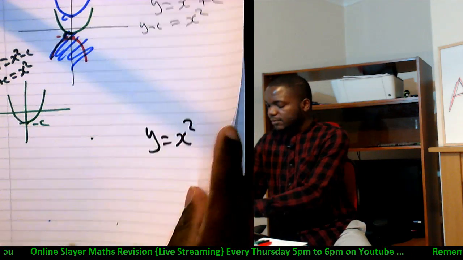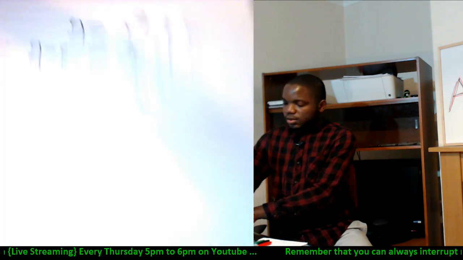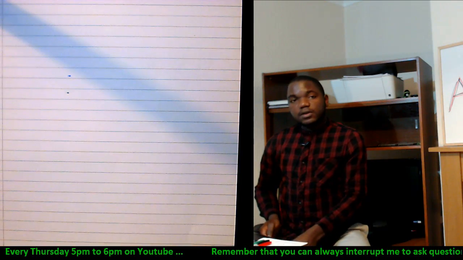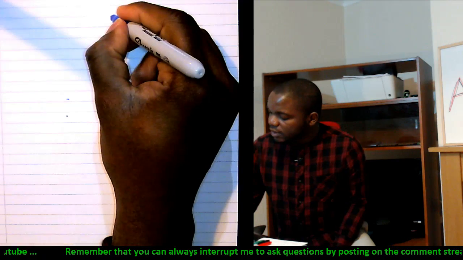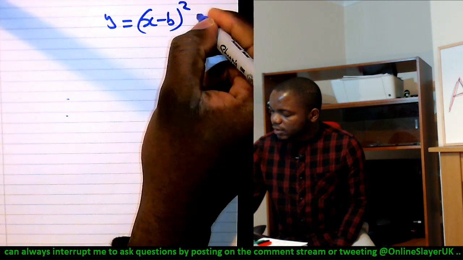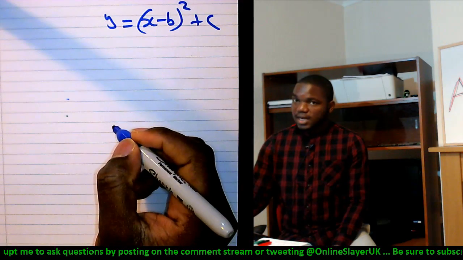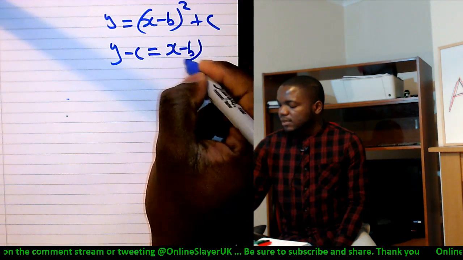All right, now let's combine the lessons of these shiftings. And by the way, instead of calling it shifting, we call it translation. So what happens when you have y equals x minus b all squared plus c, which in actual fact is y minus c equals x minus b all squared?